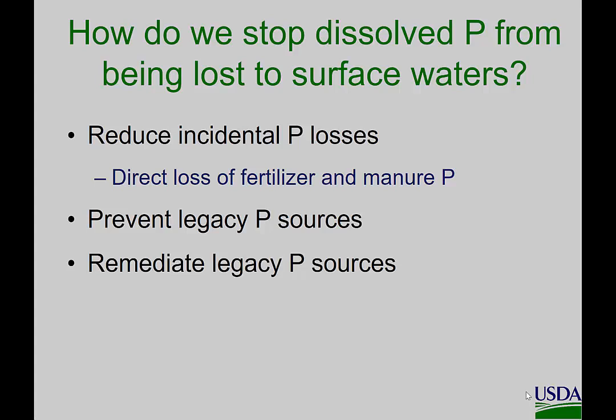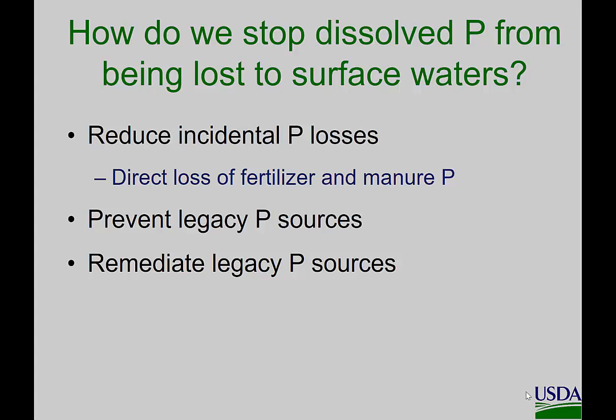So we can reduce incidental losses through better management of fertilizer application timing. We can prevent legacy phosphorus sources from occurring through good nutrient management. And if we do have legacy phosphorus occur in our soils, where the Mehlich-3 starts to get built up to upwards of 200, 300, 400 milligrams per kilogram and beyond, we can remediate it.